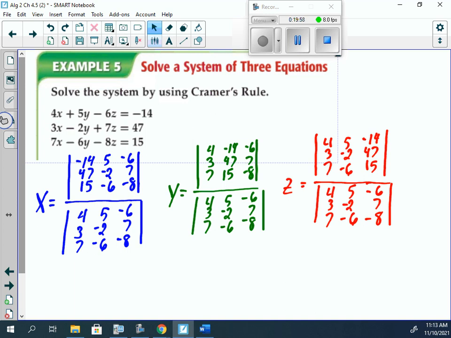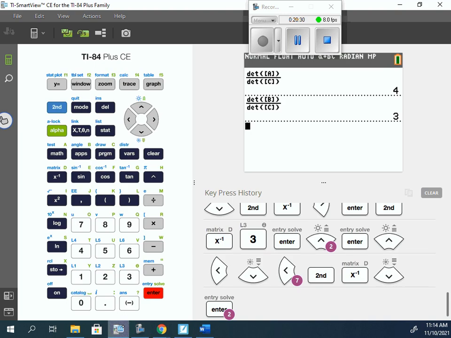And then 4, 3, 7, 14, 7, 15, negative 6, 7, negative 8. So again, since we have 4 different ones, we'll want to plug in 4 different matrices.